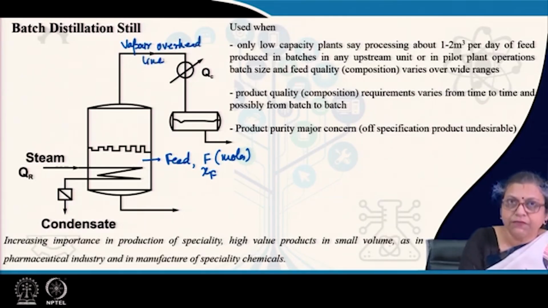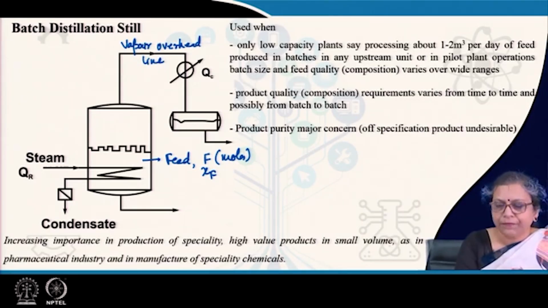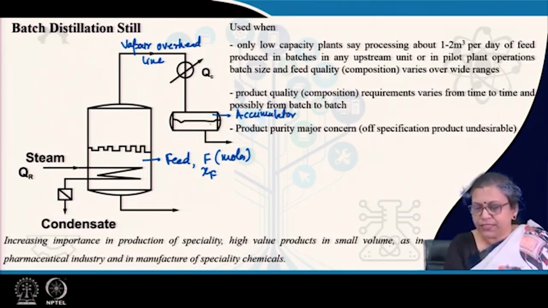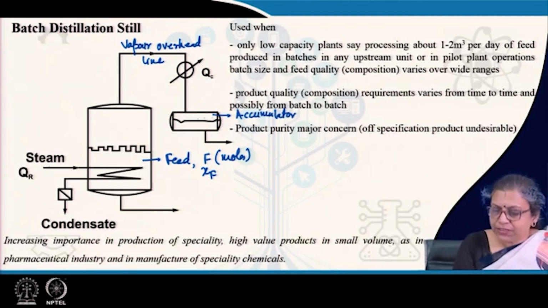From there they come to the condenser. In the condenser, cooling occurs, the vapors get condensed, and then they are collected in the accumulator. In the accumulator they get collected and after that the distillate is drawn from here.